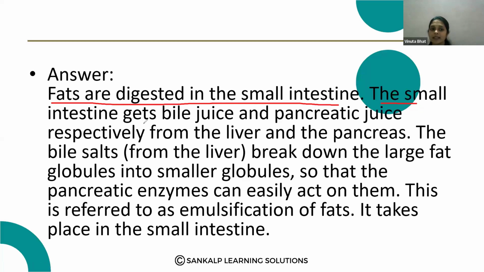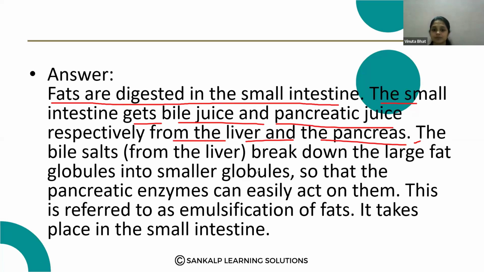The small intestine gets bile juice and pancreatic juice, respectively, from the liver and the pancreas. The bile salts break down the large fat globules, as already explained, into smaller globules so that pancreatic enzymes can easily act on them.